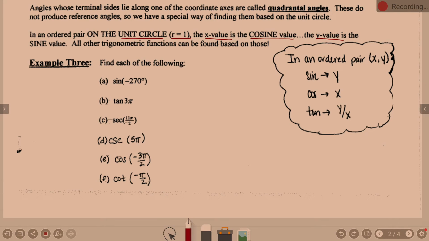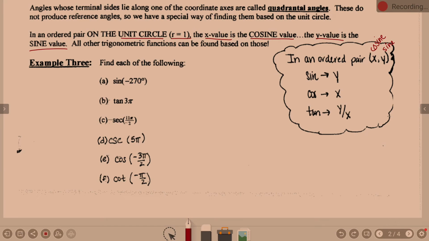Y value is sine. In an ordered pair that is x, y, this is always cosine and then sine. So when we talk about an ordered pair on the unit circle, the first value represents the cosine at that angle. The second value represents the sine at that angle.